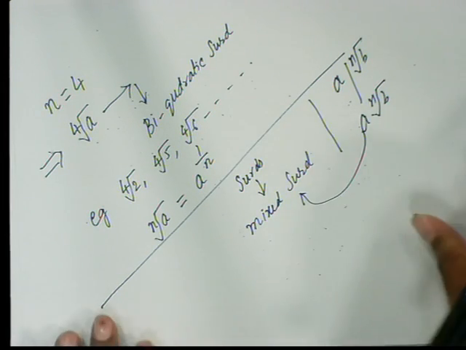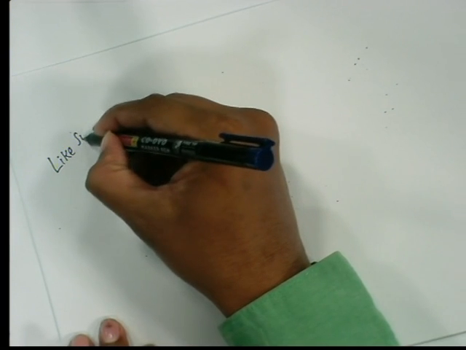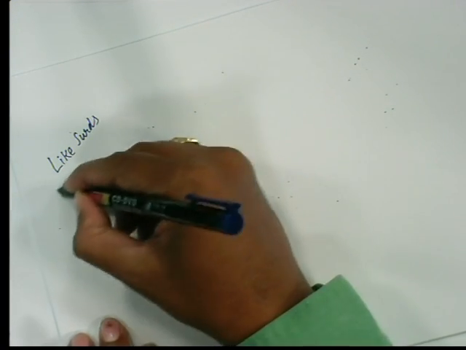Now let us examine some more types of SURDS. Like SURDS. What do you mean by like SURDS? It can be discussed by considering some examples.